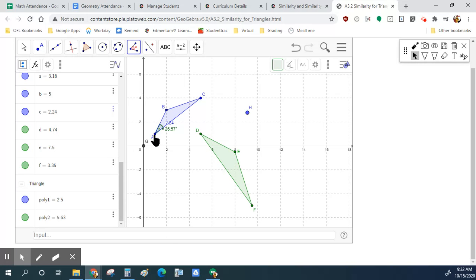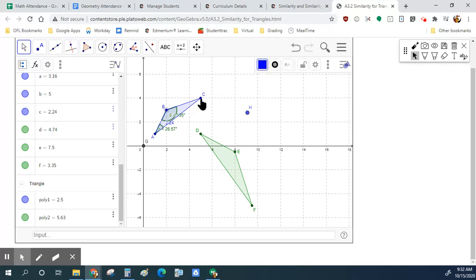So I'm going to go A, B, then C. And then for C, I want to go from B to A counterclockwise. If I go from A to B, I'm going clockwise, and you'll see that you get the exact wrong side. So always go counterclockwise. So we're going to go this way, which means B to A.